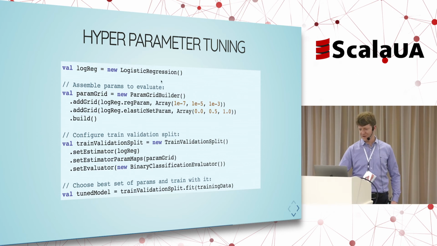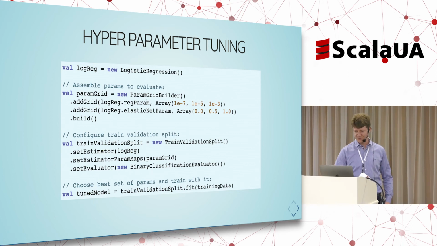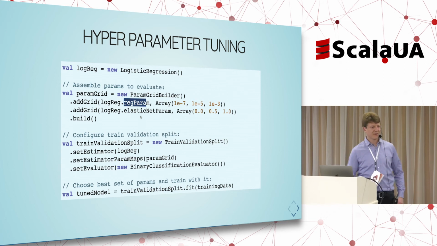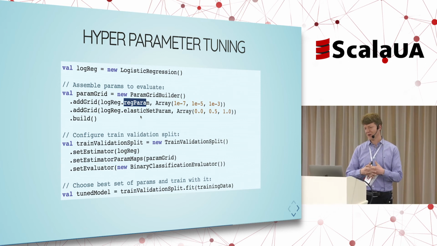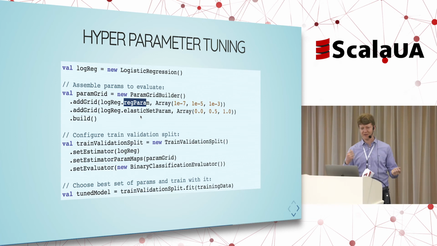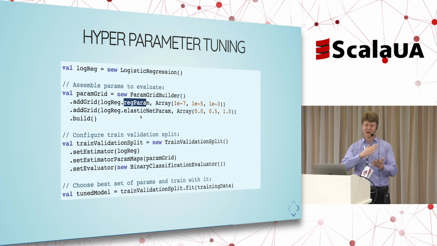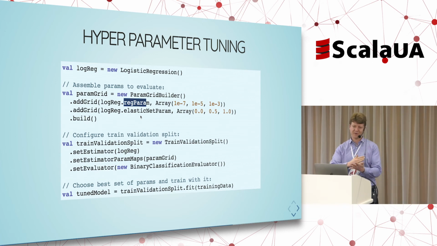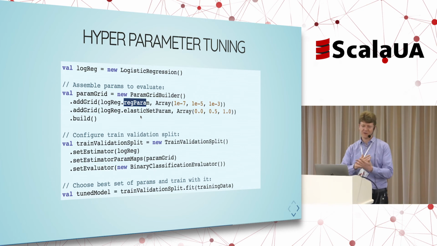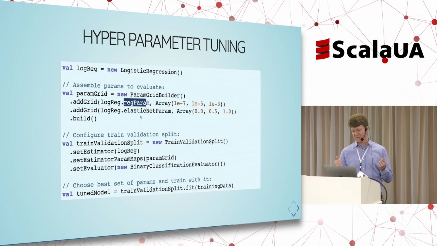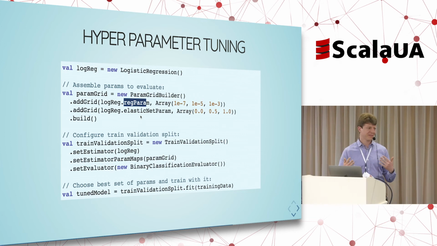For example, the logistic regression classifier in Spark has the two hyperparameters regularization param and elastic net param. The regularization parameter basically adds a penalty for large feature weights, and therefore is a way, if you have heard about it, to prevent overtraining.